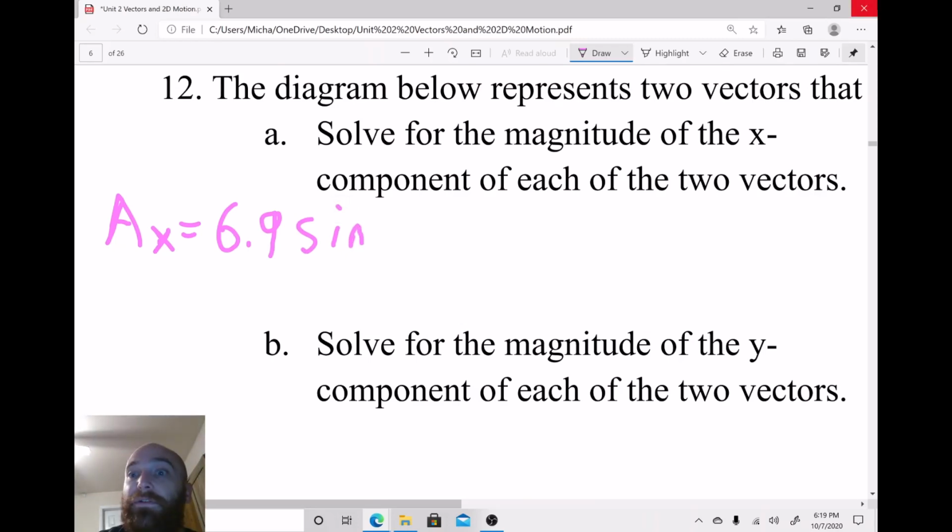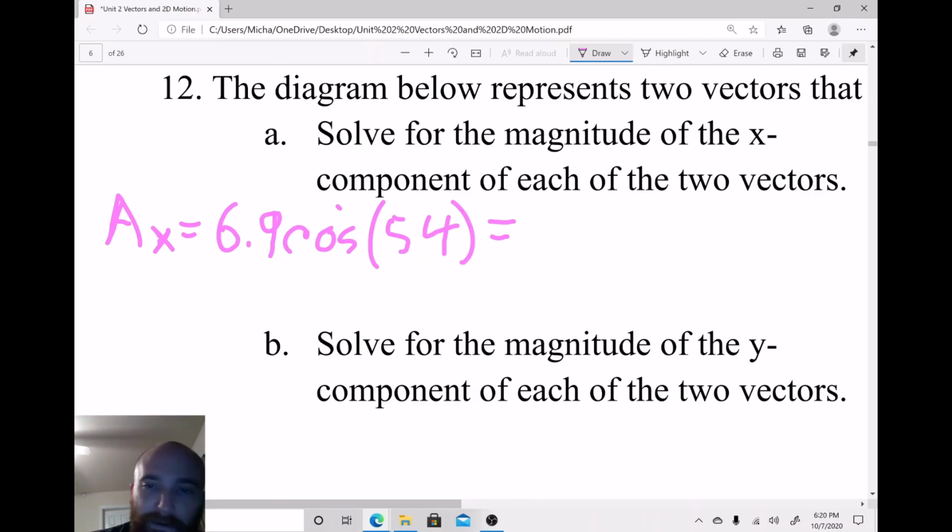Oops, I'm sorry. We agreed it was cosine. I apologize. Times cosine of 54. Make sure you're in degree mode on your calculator, and you should get a value of 4.06.